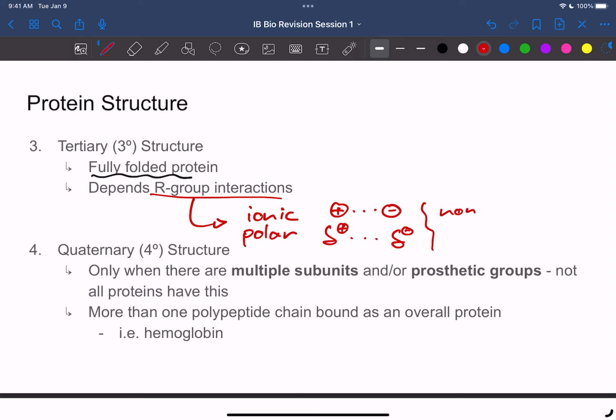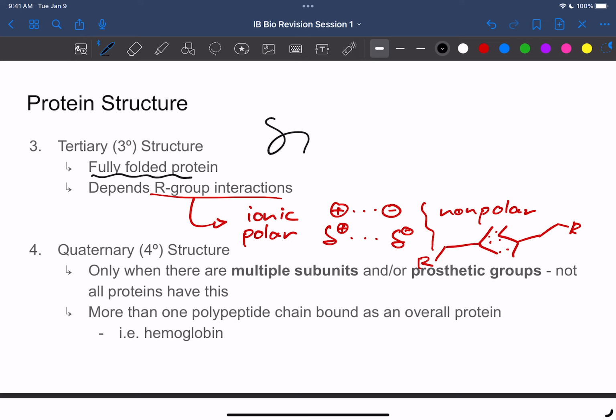Or they can be nonpolar interactions, where they have a lot of van der Waals happening between them. Very strong associations. So these R group interactions will tell you how the tertiary structure is going to end up being.